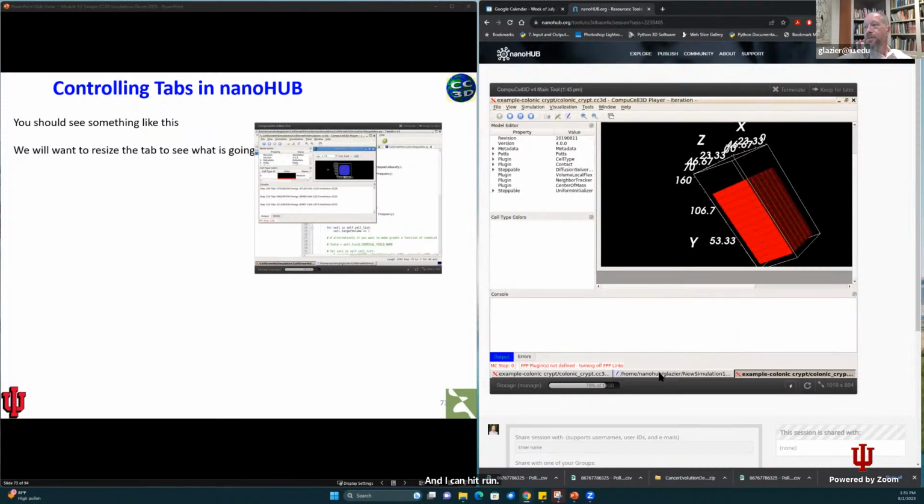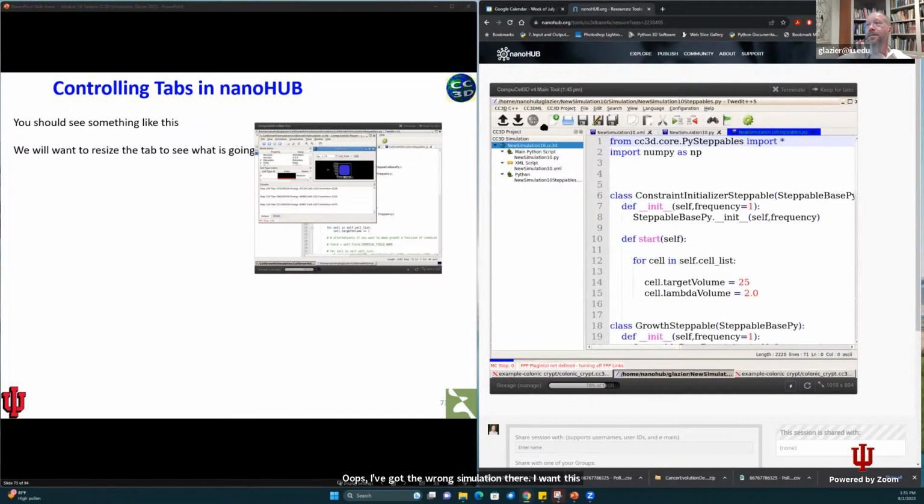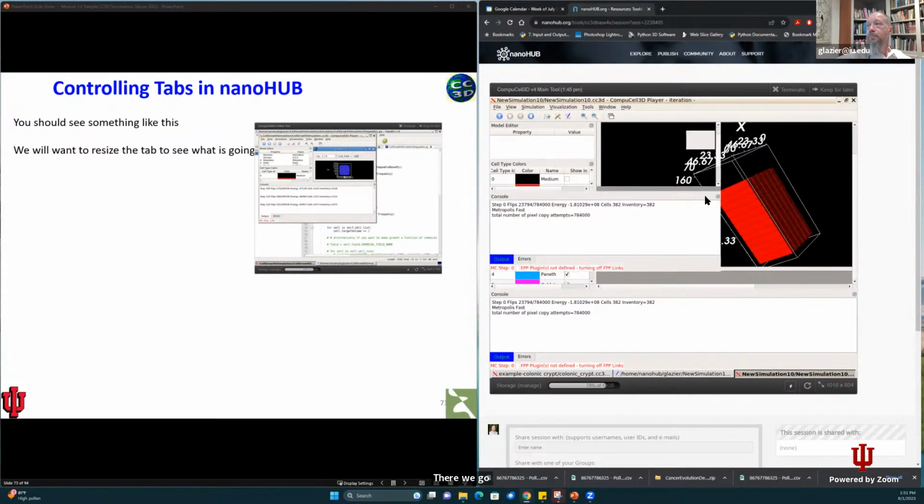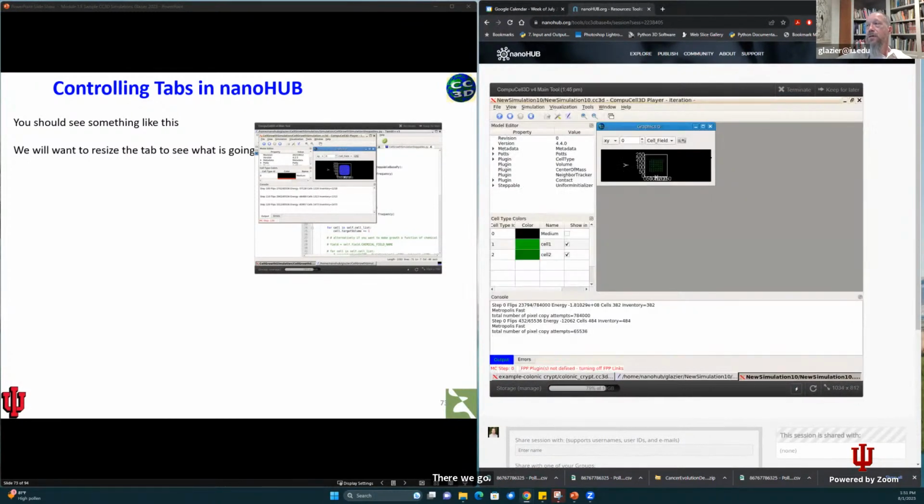Oops, I've got the wrong simulation there. I want this one. I want to open this in Player. There we go. I have to joggle my screen to get a redraw. There we go.